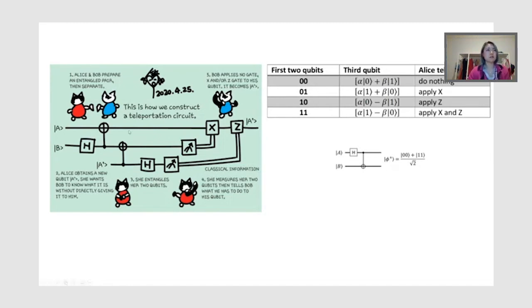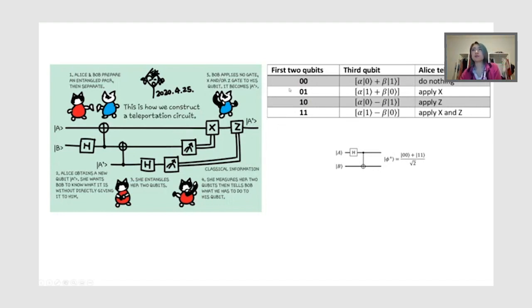So let's look at the circuit again. I just went through the story, but this is how they can do it in an algorithm. They can entangle 2 qubits using the H and CNOT, and then she can entangle hers using H and CNOT. And then she just does a measurement of both of her qubits. Based on the result, Bob would either do an X gate or a Z gate, or X plus Z gate, or nothing.